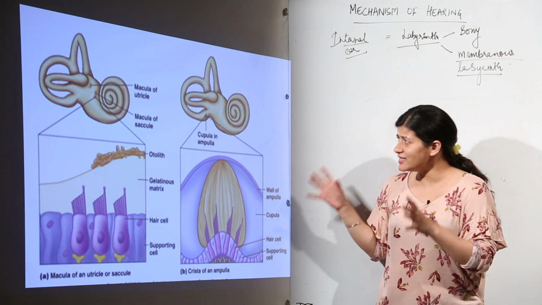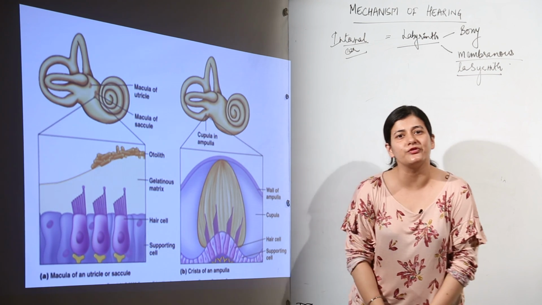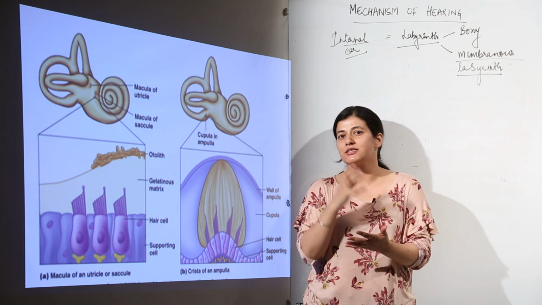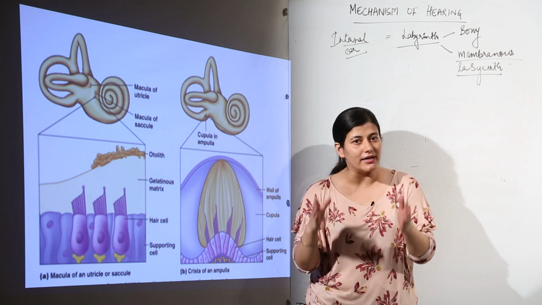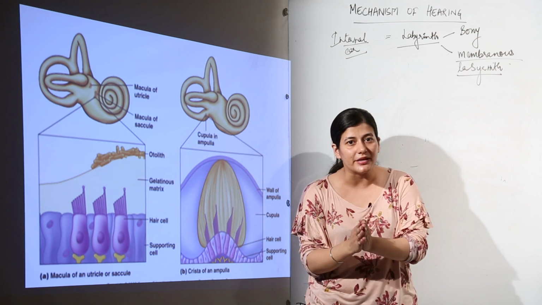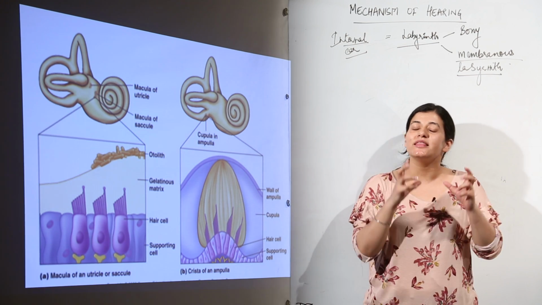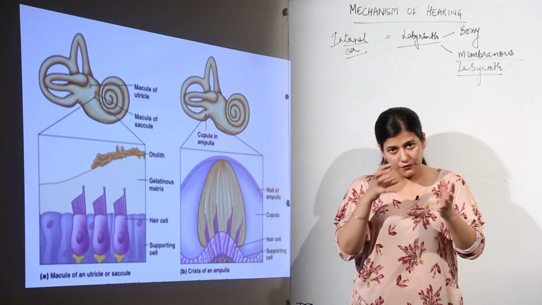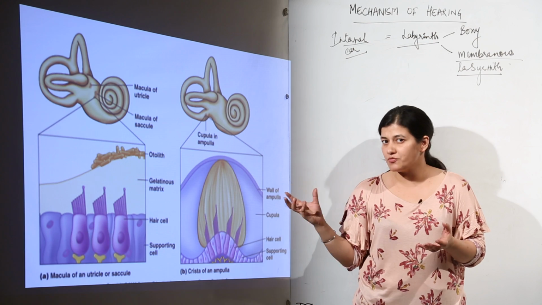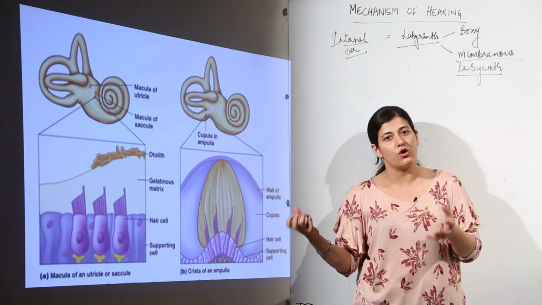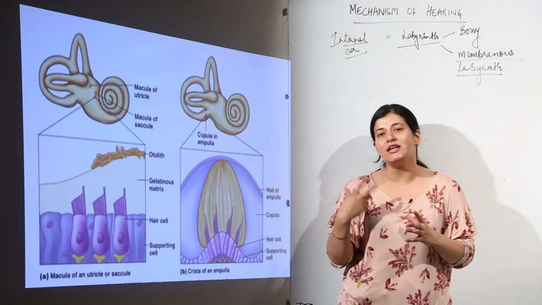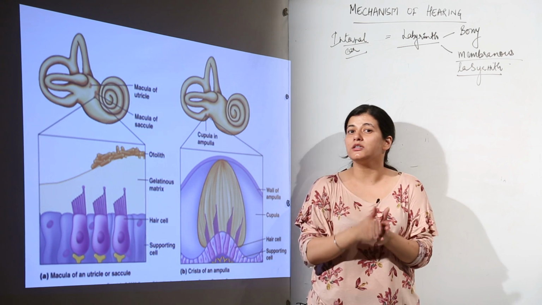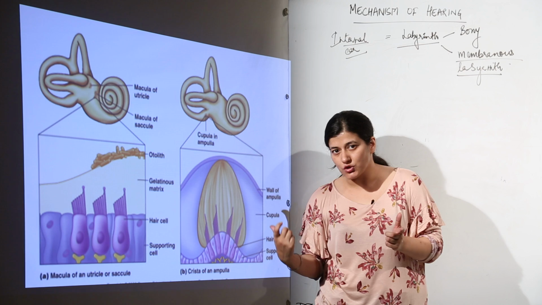So this is what we had in the mechanism of hearing. I hope it is clear to you now. Basically, the mechanism is very clear, it is just the generation of a nerve impulse. What we have to learn is how that nerve impulse is generated in terms of anatomy. For that we saw the anatomy of the cochlea, and we saw how the lymph moves, what is responsible for the movement of endolymph, and what is in contact with endolymph, that was the tectorial membrane.